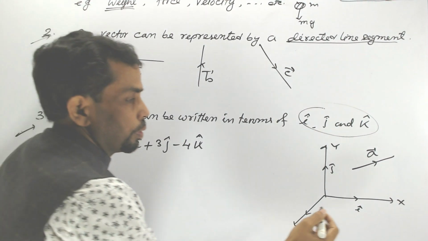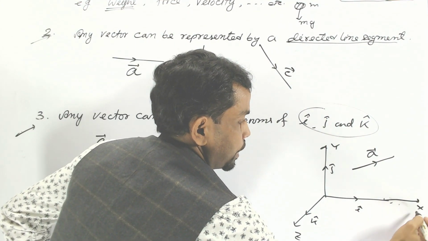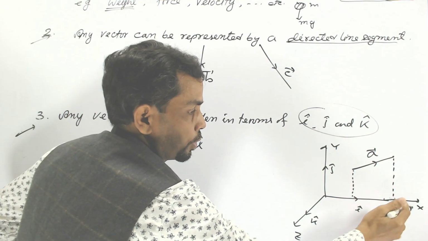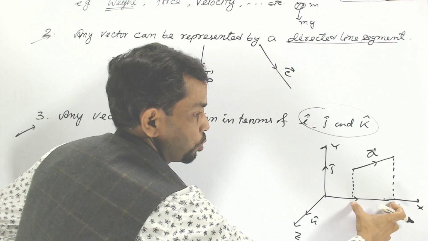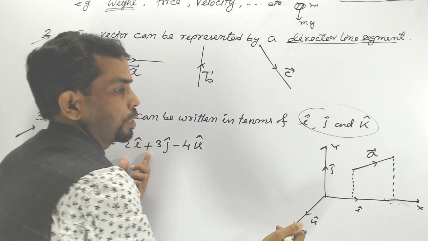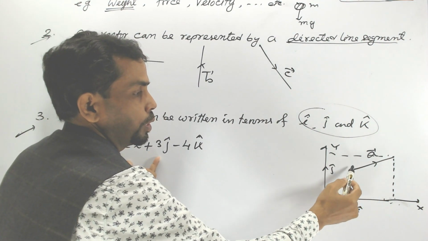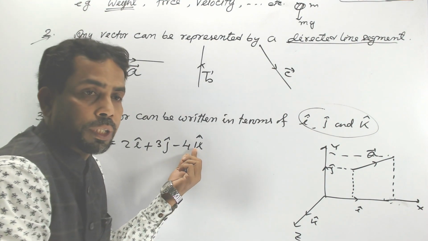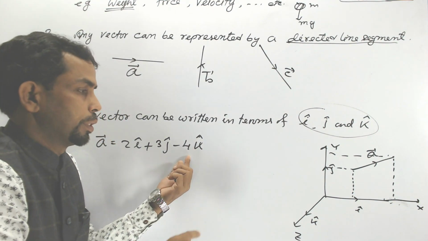Say this is x. If we draw a projection perpendicular from the endpoint of the vector on x, along x it is 2 units. 2i means along x it has a projection of 2 units. In the same way, if we draw the projection on the y-axis, it has 3 units, and along z a projection of 4 units in the negative direction. That is the meaning.